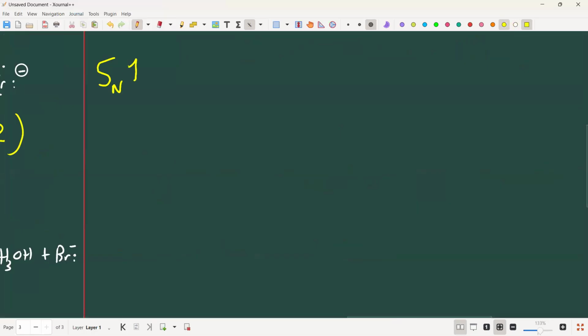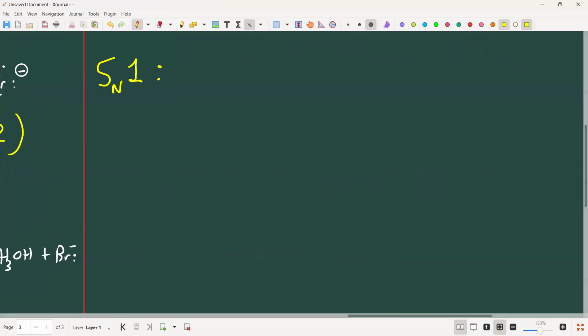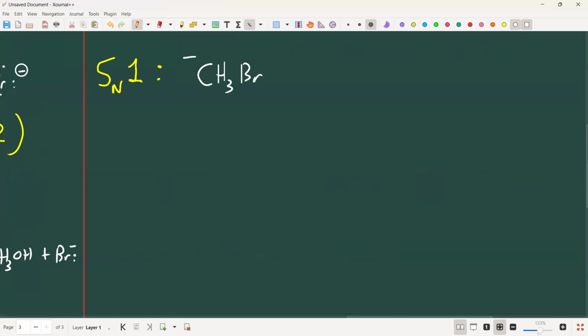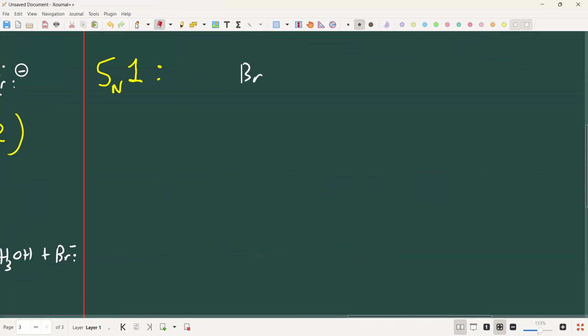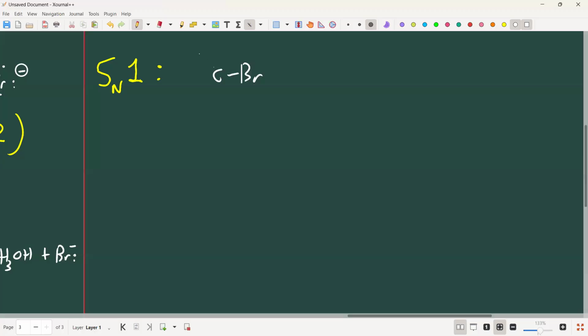I'll finish this conversation. There's an alternate mechanism, which of course is SN1. It's called SN1, which is CH3Br. And what happens in this situation, let me actually draw this more properly. It gets a little easier to see all the bonds.